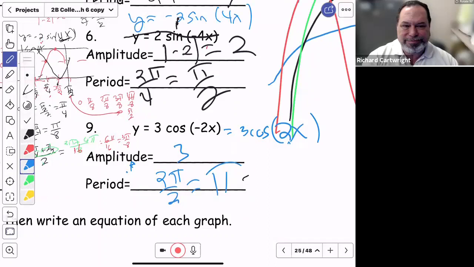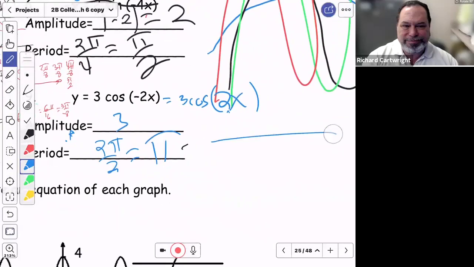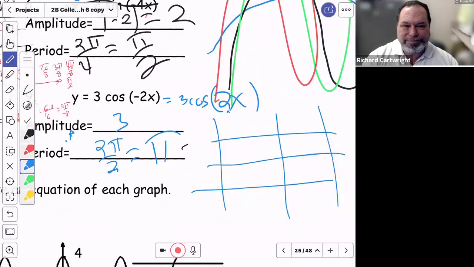So if I was to graph this picture, if I can graph it real quick here, and I do 2 periods, look what happens. I'm starting at 0 because I'm not adding anything inside the parentheses, so that finishes in 2 pi. Here, look what happens. In 0 to 2 pi, it finishes in pi.